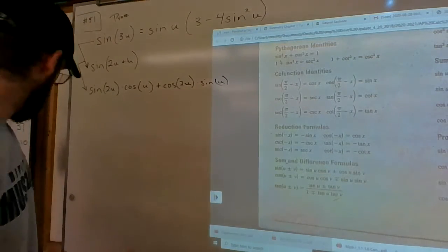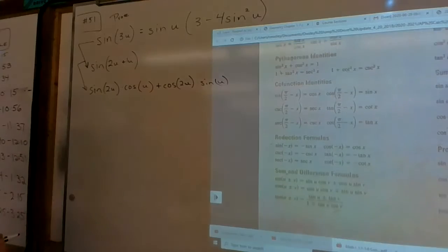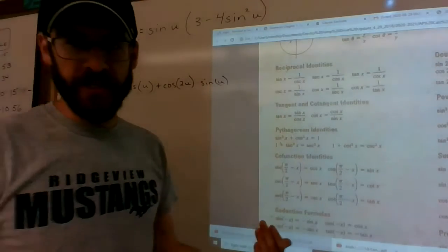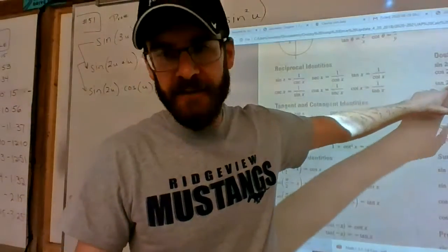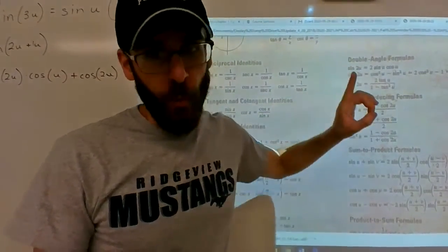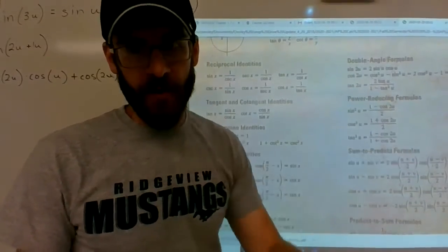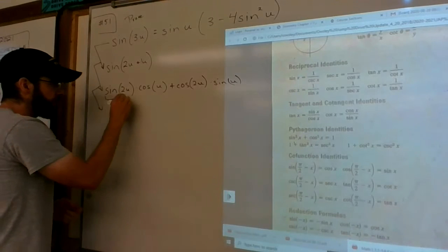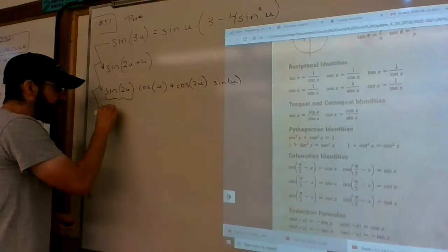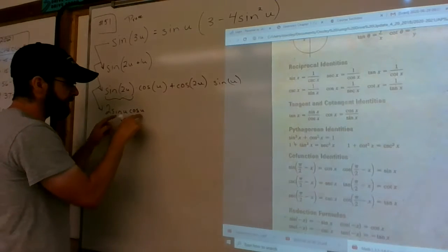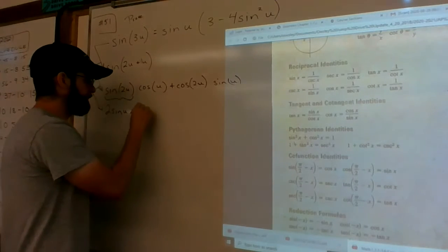From there, though, we're limited in the tasks that we can do. Sine of 2u is given a formula here, and there's only one version of it, so I'm just going to go for that right away. The sine of 2u is 2 sine of u cosine of u, and I'm just not going to put parentheses around the singles anymore.